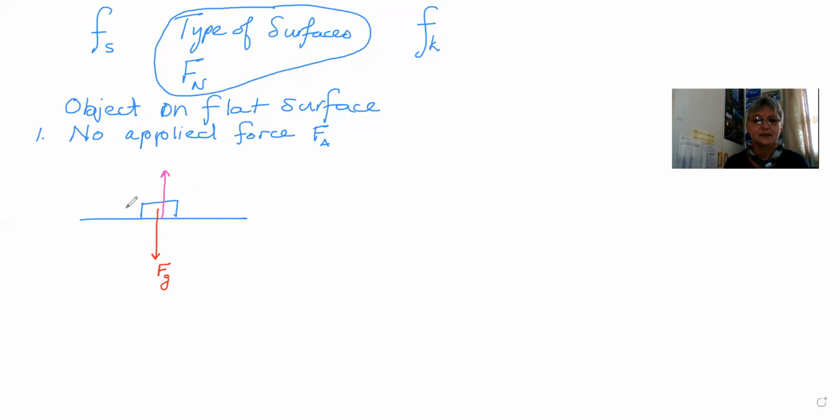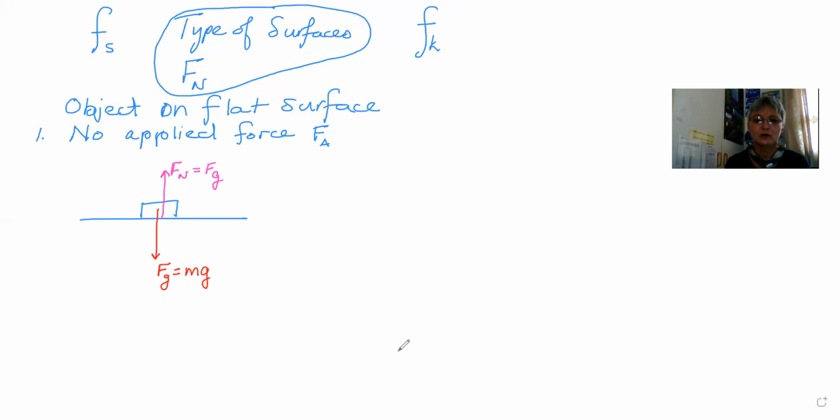The weight of the object, the gravitational force, is calculated by using mg. In this case, the normal force acting on the object will be balanced out by the gravitational force, so the magnitude of the normal force would be the same as the magnitude of the gravitational force.